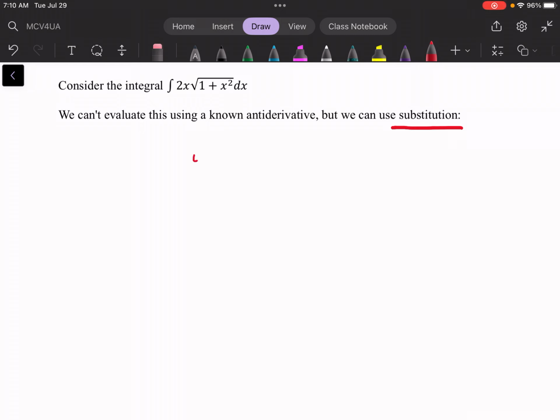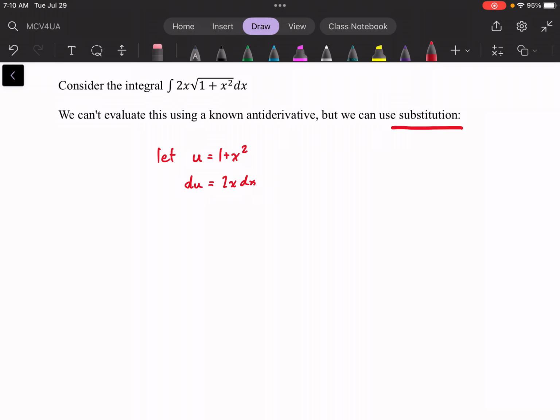So notice if I let u equal 1 plus x squared, and here's where the substitution of the letter u comes in, in terms of x squared, like what we talked about earlier. If you find the derivative of this u, you get the derivative 2x dx.